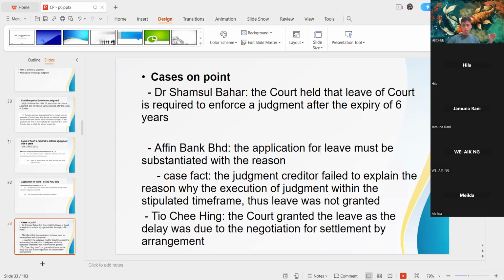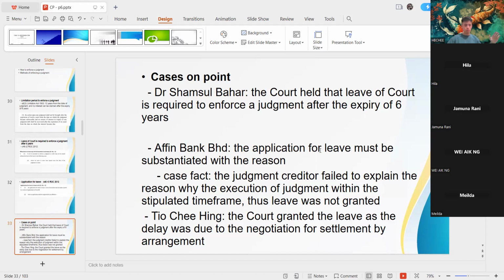Why? Because the whole concept of leave of court is that the court wants to prevent someone from using it as a right. Like, hey, I got 12 years, so what? I can enforce as long as within 12 years. But to limit, to scrutinize, to make sure that everything is done properly, we have to tell the court what have you done in the first 6 years?